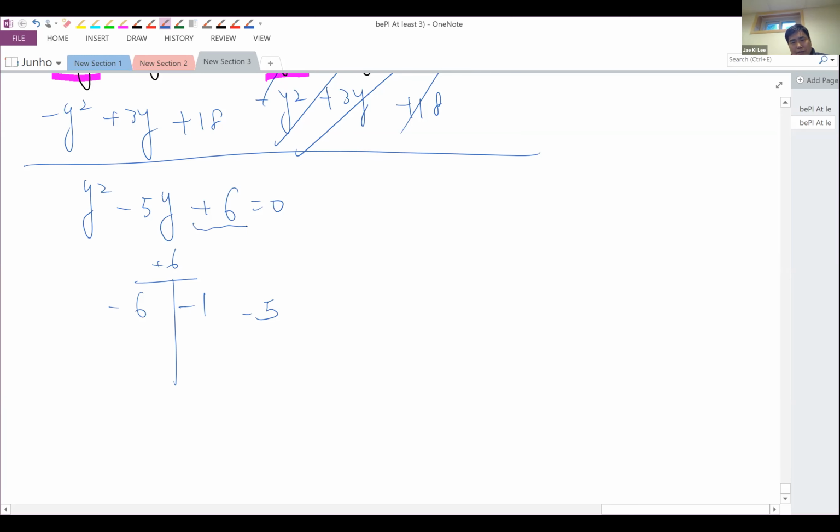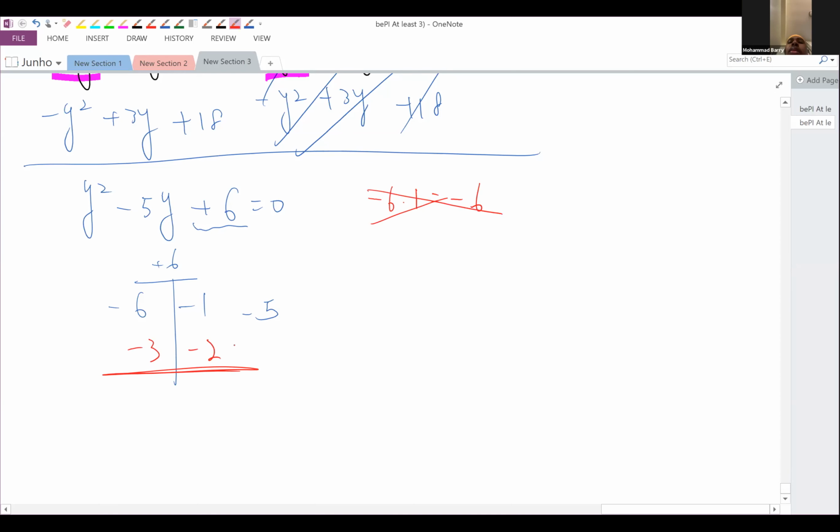So you multiply two numbers, it must be positive 6. So what times what becomes positive 6, but their sum becomes negative 5? 2 and 3. Or we can just use negative 6 and 1. No, negative 6 times 1 becomes negative 6. It is not the same as positive 6. Negative 3 and negative 2.